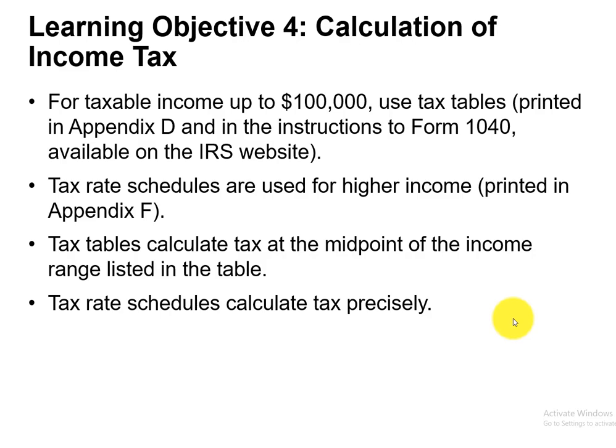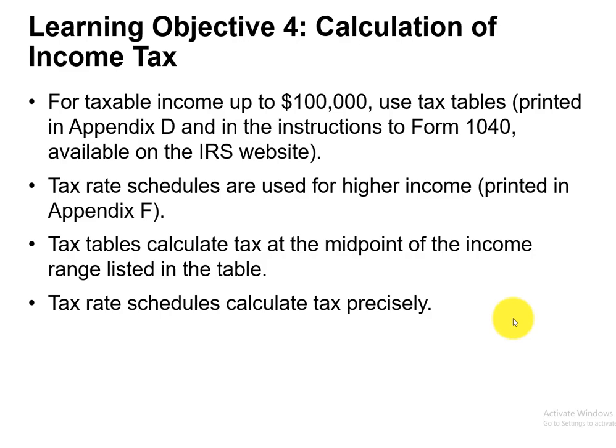Now, if you were to use the tax rate schedules on income under $100,000, which technically is not allowed for your actual return, you will get a slightly different answer than if you look it up in the tax tables, because the tax rate schedules are going to be exact. The tax tables, for simplicity's sake, do not give a tax liability for every single income amount.